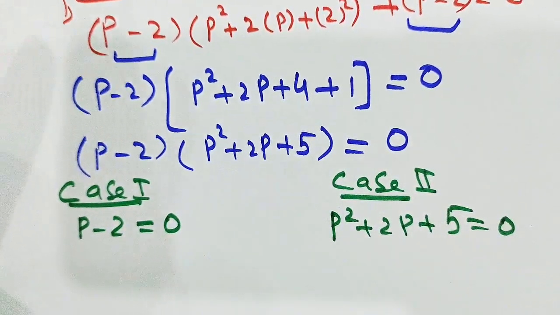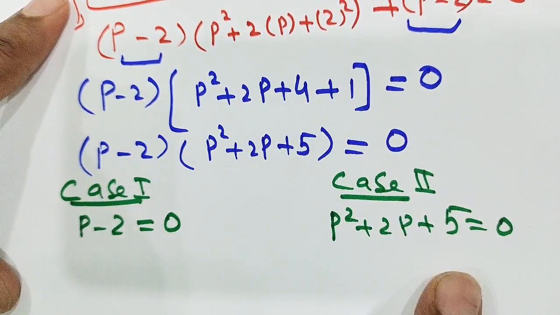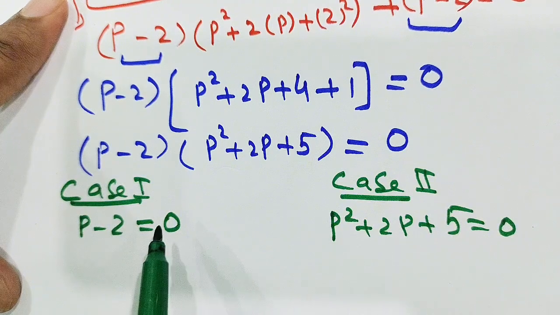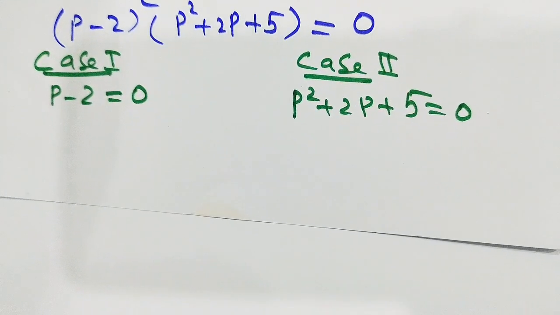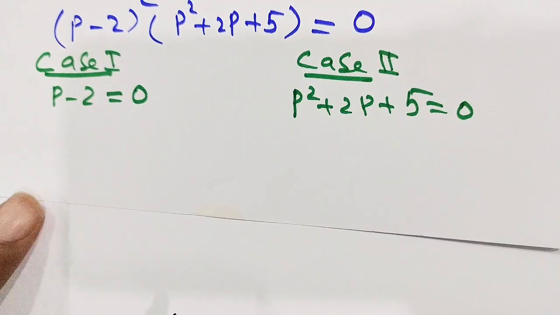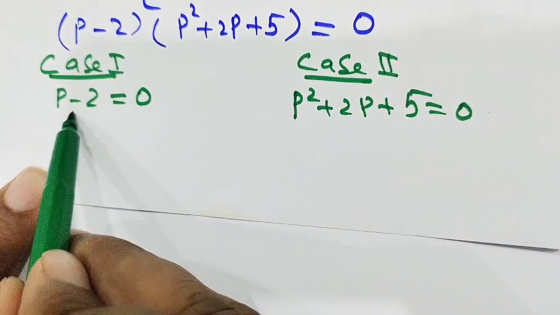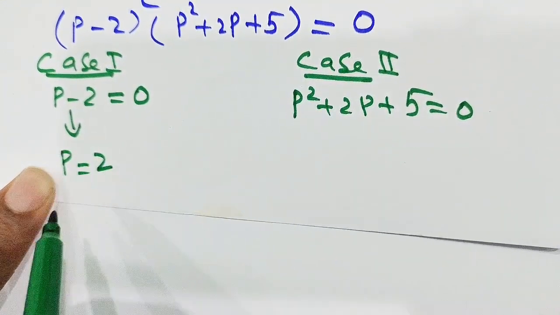Either p minus 2 is equal to 0 or this one is equal to 0. From both of these we want to find the values of p. If p minus 2 is equal to 0, from here we get p is equal to 2.